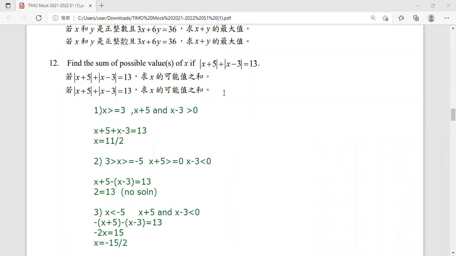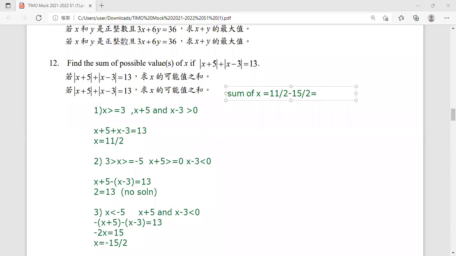Okay. Then the sum of x will be equal to 11 over 2 minus 15 over 2. And the solution is the same.